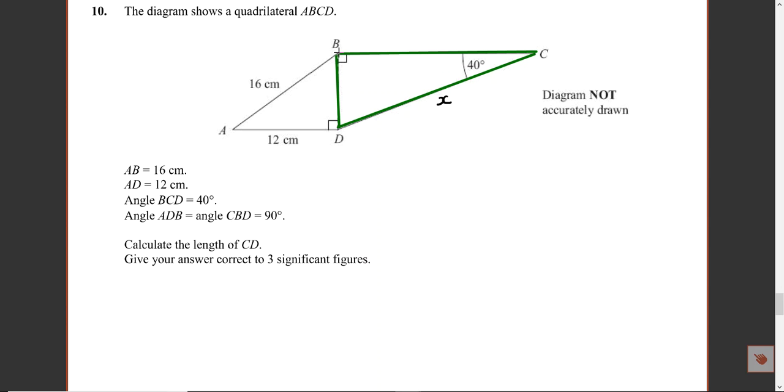No. So the only other thing I could find out is? Angle. Well, I need to work out this side, and using trigonometry, I need another side, yeah? Yeah. So Maisha said I could work out the adjacent side. But I'm looking at that going, I can't really see how I would work that out.